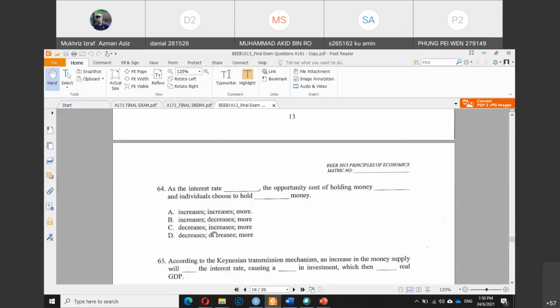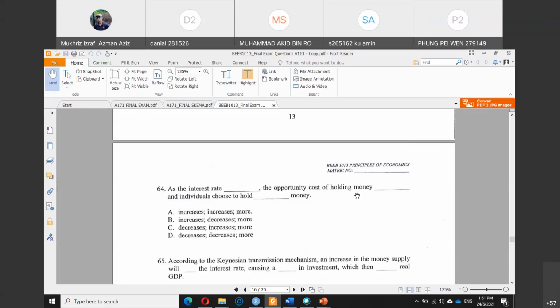As the interest rate decreases, does the opportunity cost of holding money increase or decrease? We know that the interest rate is decreasing. So what is opportunity cost? It is something that you need to let go.